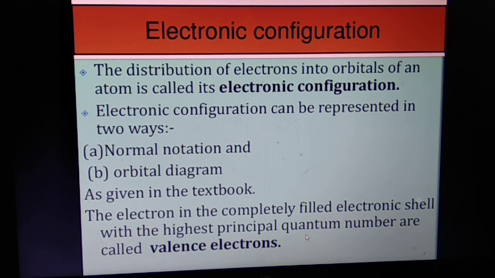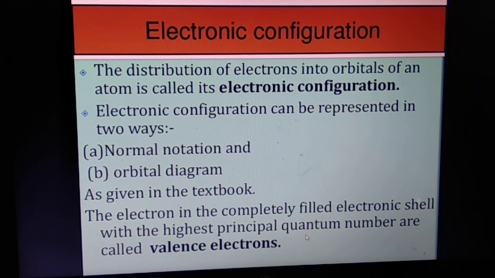Actually, by the general rules, chromium would be argon 3d4 4s2. But as I have discussed in the class, half-filled and fully filled orbitals are more stable due to their symmetrical distribution of electrons and the exchange of energies. Two factors are related to the stability of half-filled and fully filled orbitals, my dear students. So there is an exceptional case in the configuration of chromium and copper.